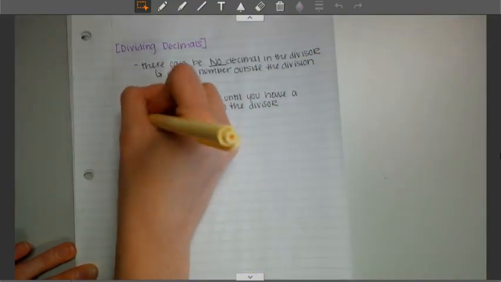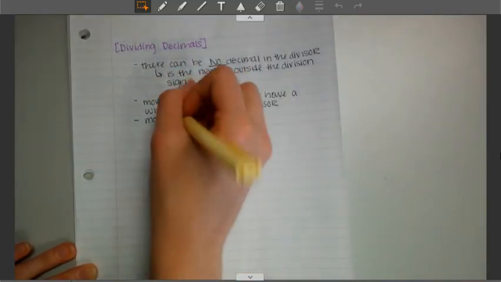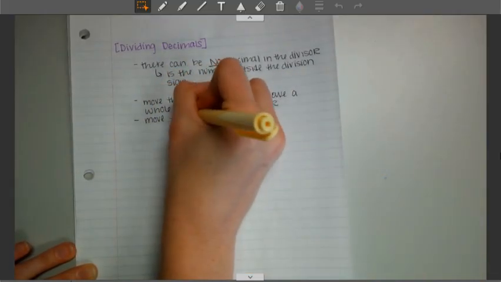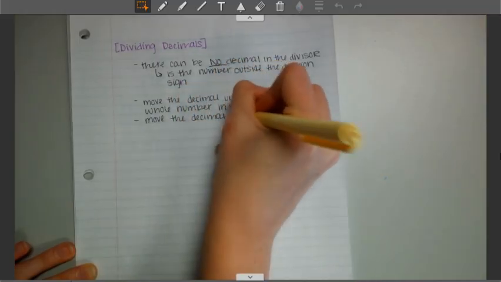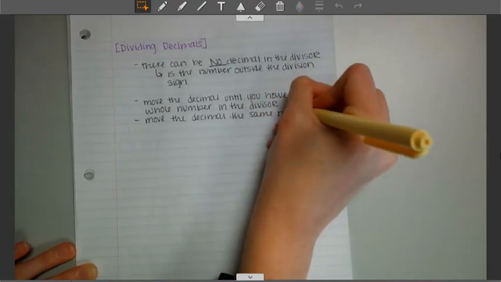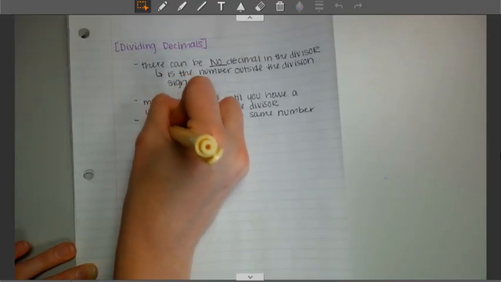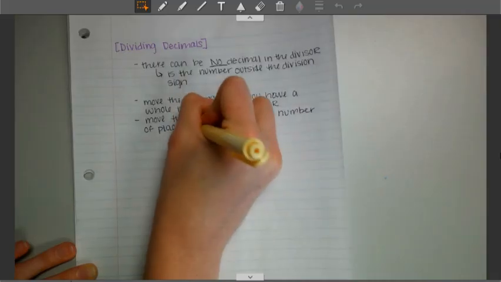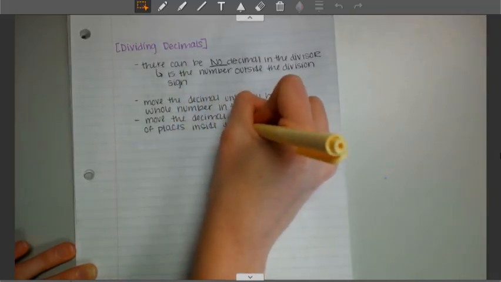And you're going to move the same number of places inside the division sign.